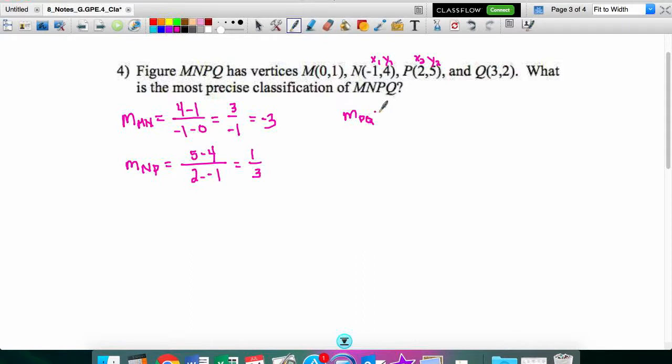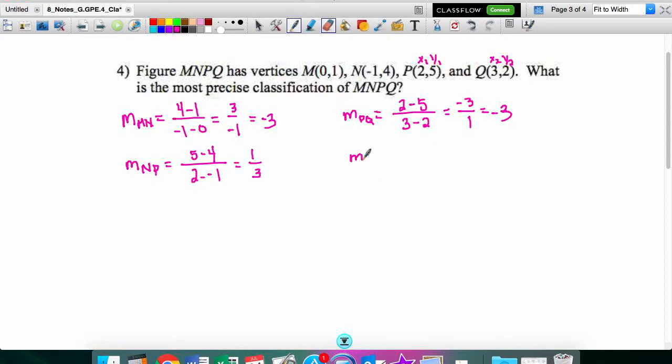Our next side is PQ. Once again, you could relabel your points if needed. So PQ would be x1, y1 for P, and x2, y2 for Q. Difference of y's, so y2 minus y1 over difference of x's, 3 minus 2. Gives us -3 over 1, and we simplify if possible, so -3.